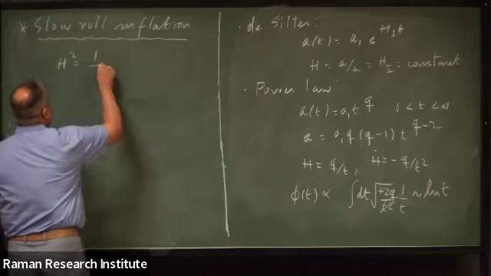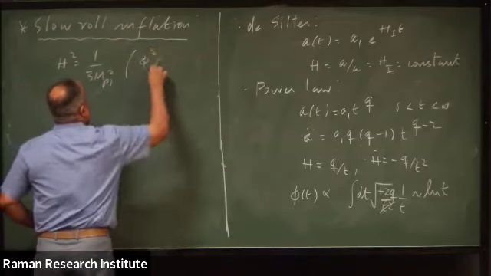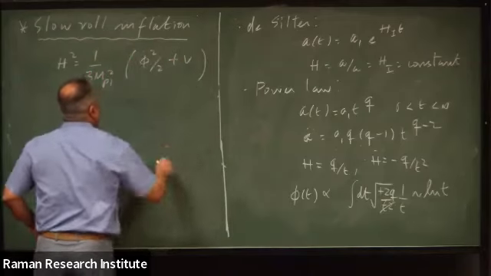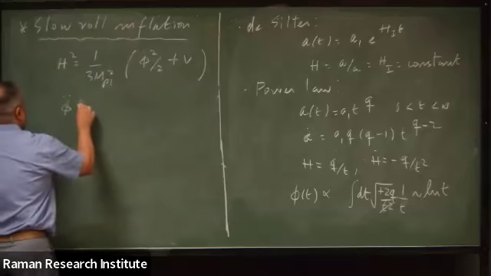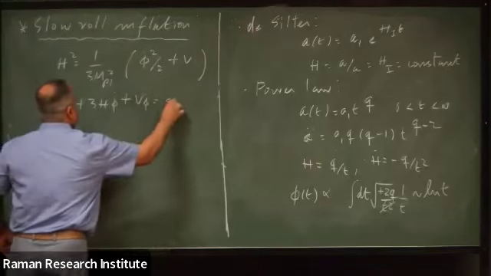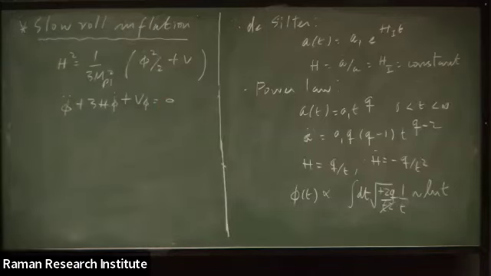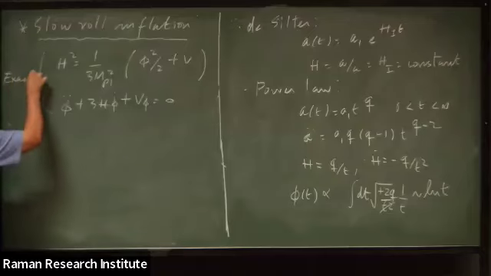So here it is H squared equals 1 over 3 MPL squared times phi dot squared by 2 plus V. I'm suppressing that V is dependent on phi. And then you have phi double dot plus 3H phi dot plus V prime of phi equals 0. These equations are exact, right?